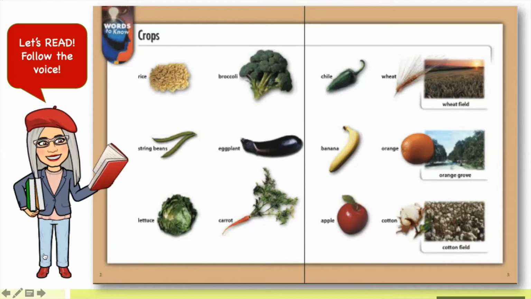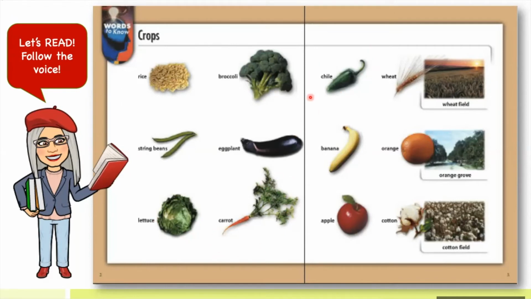Words to know. Crops. Listen as I name some crops on page 2. Rice, broccoli, string beans, eggplant, lettuce, carrot.